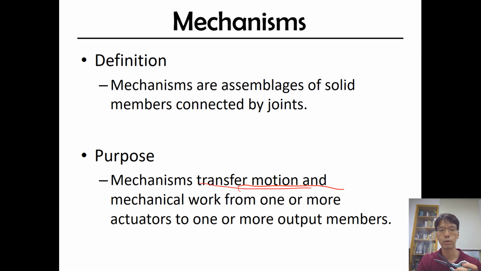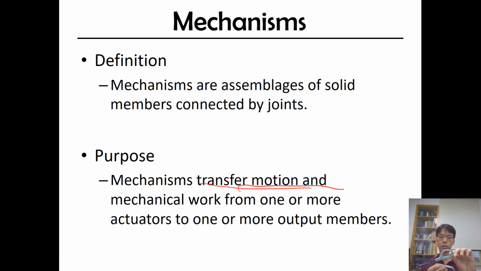So it transfers motion. What kind of motion does this pair of scissors transfer? When we use these scissors, I push this handle and this blade, and then they will cut something. I can use this one to cut paper or cut the wire, something else.